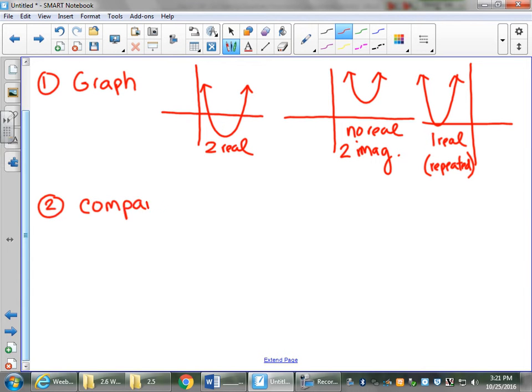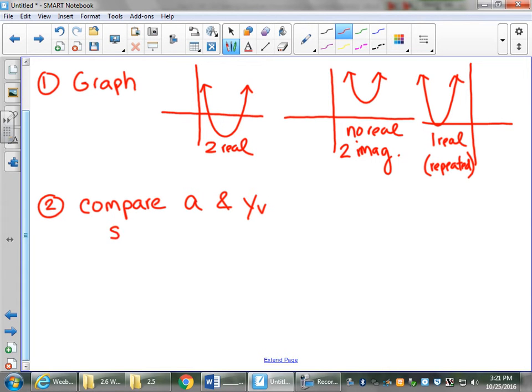we talked a little bit about during the first section of this unit, which is to compare the A and the Y of the vertex. Remember, the Y of the vertex controls the shift up or down, like the K value. And you can compare their signs.